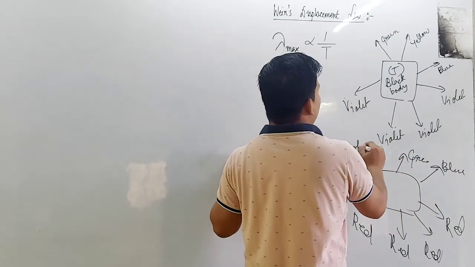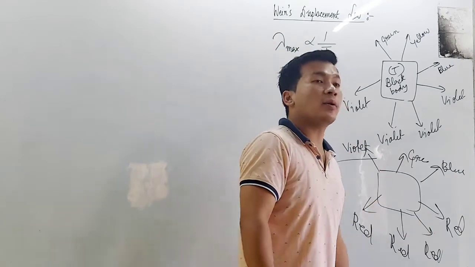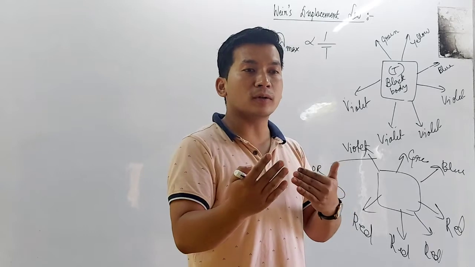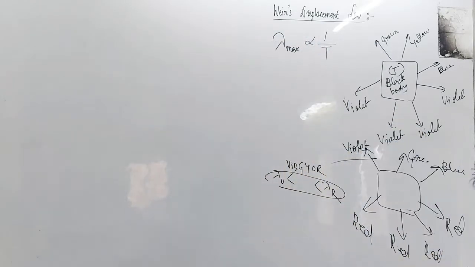So the color of the maximum number of radiations produced changes with the temperature. Temperature is inversely proportional to the wavelength of the maximum number of radiations produced, and this maximum is with respect to the number of radiations, not with respect to the wavelength.